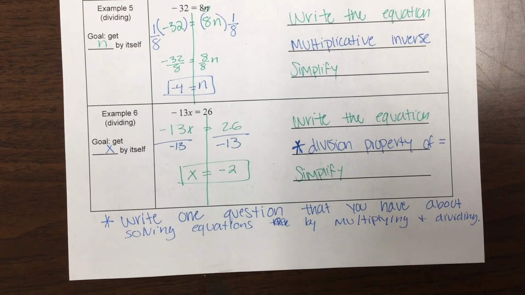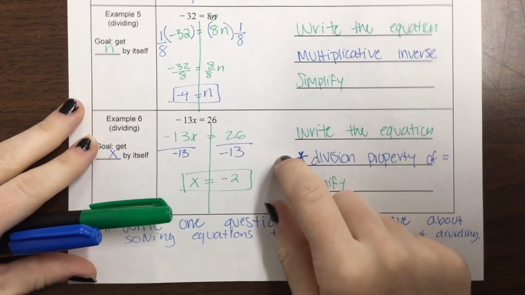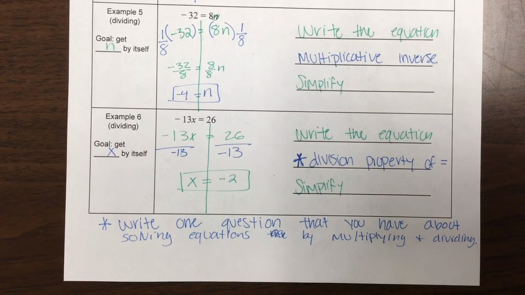So you don't have to write all of this out. I just want you to write a question that you still have. I know some things were maybe confusing, like what the multiplicative inverse is, or why I did this one differently. Have those questions ready to ask me at one of your stations. So take 2 minutes and write your question.